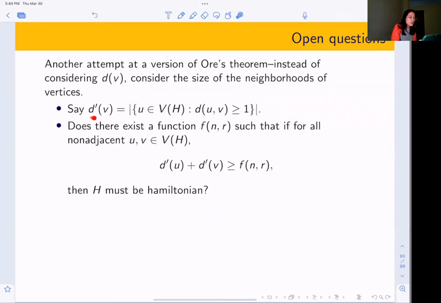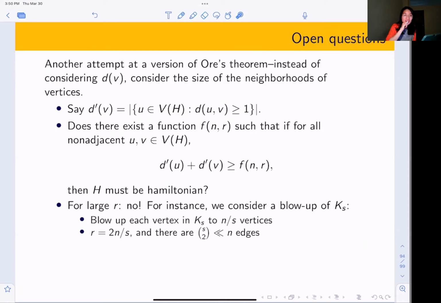So here I define this as d'(v). It's going to be the set of vertices u for which the co-degree of u and v is at least 1, so they're contained in at least one edge. And then we can ask the same question here. Does there exist some function such that if the sum of these new degrees is at least that function, then this implies that the hypergraph must be Hamiltonian?